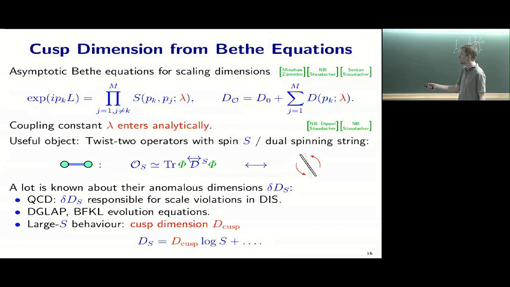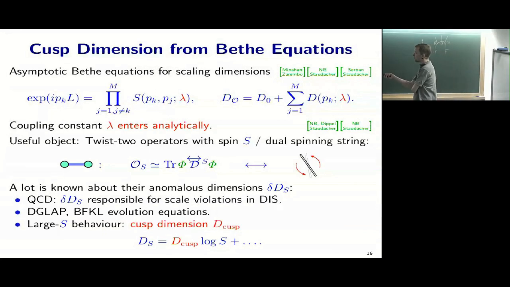A lot is known about these particular anomalous dimensions. In QCD, these kinds of operators also exist, and they are responsible for scale violation and deep inelastic scattering. These operators feature prominently in the DGLAP and BFKL evolution equations in QCD. And what is particularly well known is the large S behavior.